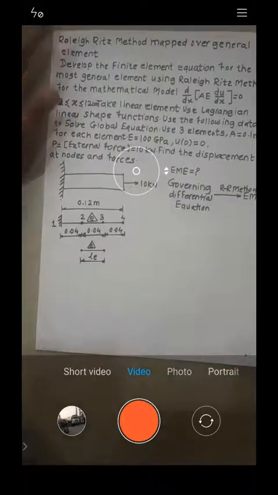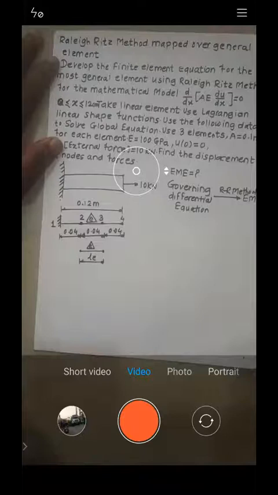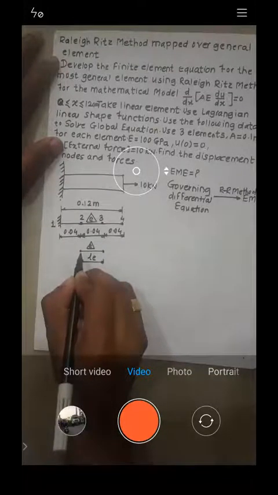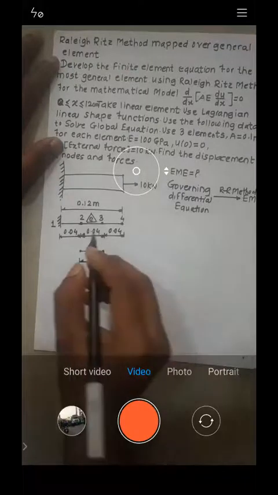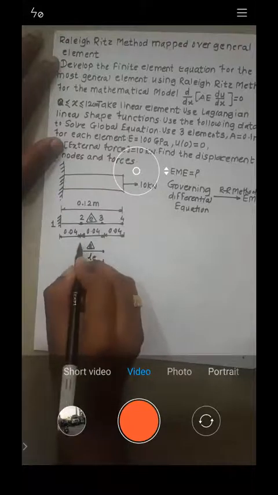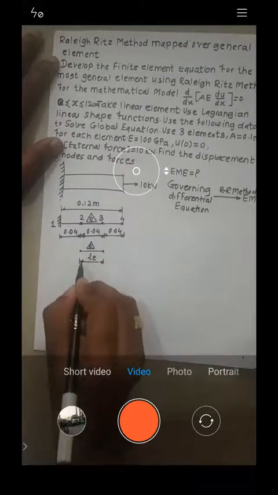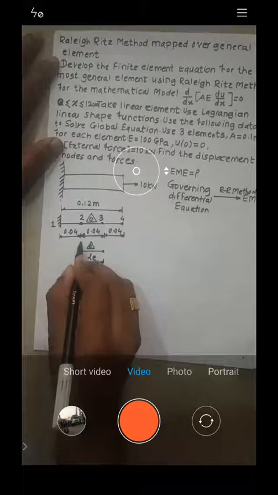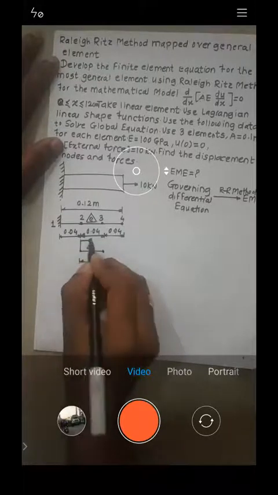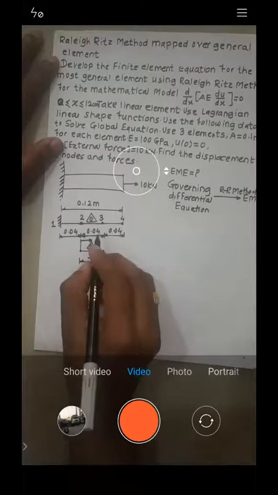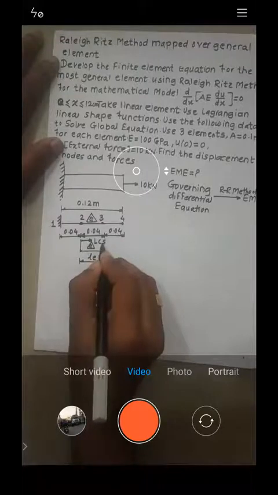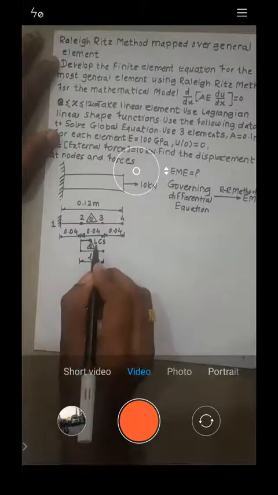Now see, if you measure the location of this node with respect to this node, it is called the local coordinate system. Let me write it down here. Why is it called local?